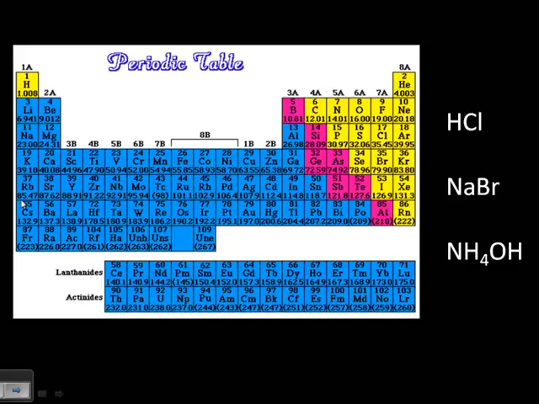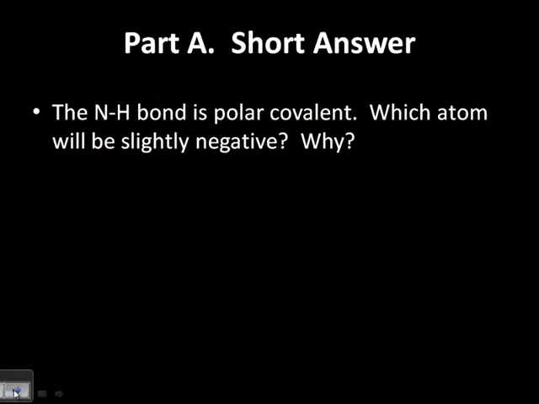Sodium bromide starts with a metal, positive ion, so it is ionic. Ammonium hydroxide, a little bit tricky because ammonium, if you remember, is a positive ion. It's a cation. So this is also going to be ionic. Ionic compounds start with either a metal or a cation, and the only cation or positive ion here is ammonium.